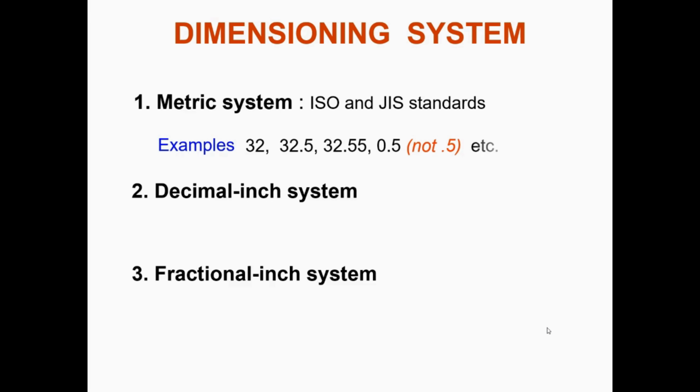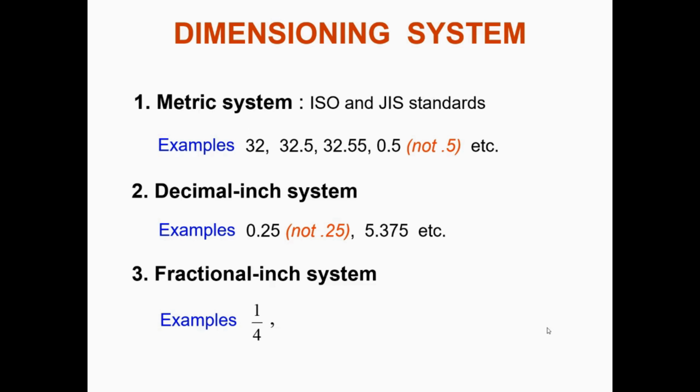There are different dimensioning systems that we have. We have the metric, which is the ISO and JIS standard, and that is an example of the metric system. We have 32, 32.5, 32.55, 0.5, and please note that it is inappropriate to write a dimension as 0.50 with respect to the metric system, as well as other dimensions. The second dimension system we have is the decimal inch system.